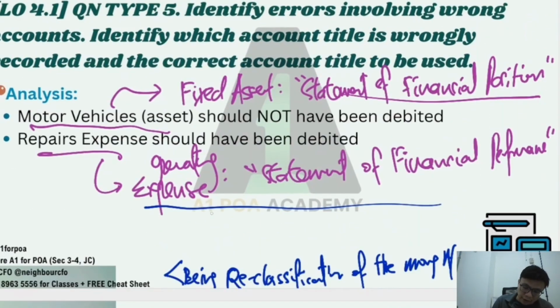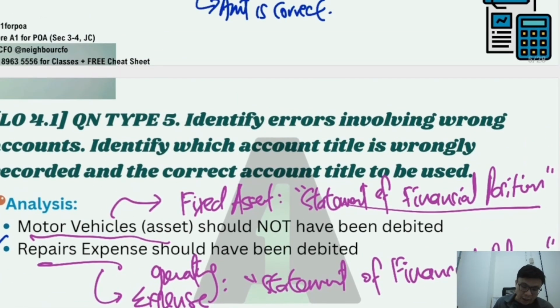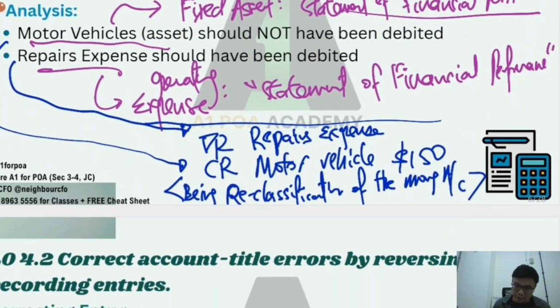So what we will do is we will debit what and we will credit what. Since motor vehicle is wrongly debited, we will want to credit the motor vehicle. Credit motor vehicle. The value that we mentioned earlier is 150. And of course, the correct account to be debited will be your repair expenses.